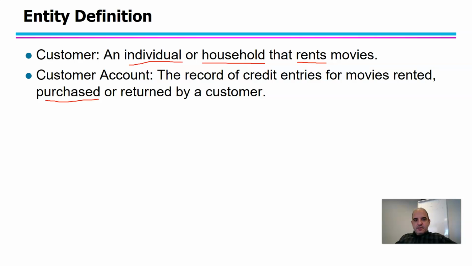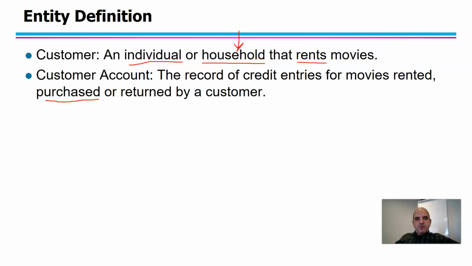Data modeling is not always translating what people say into diagrams. You must find the problematic areas, you must find the contradictions between definitions, and ask questions immediately or later. You must go to the person who defined it like this and ask, what is a household?